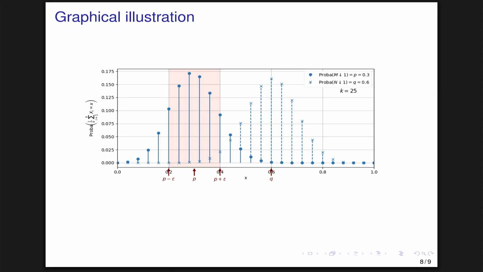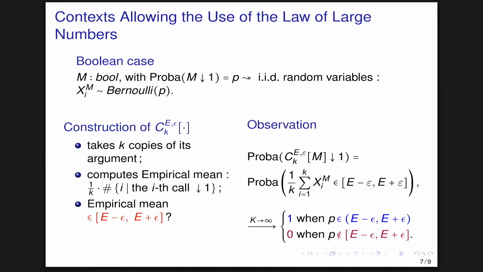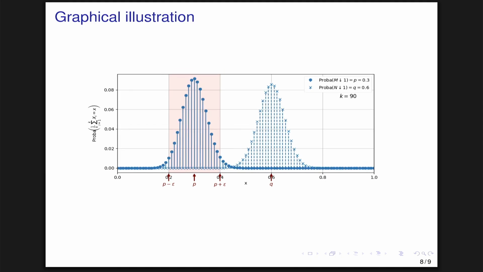And so if I choose the interval around the expected value of the first program, in such a way that the expected value of the second program is outside the interval, and I increase the number of copies, then from some order k, the probability of the empirical mean being in the interval for the first program will be equal to 1, but for the second program it will be equal to 0. And this is for the Boolean case, but you can switch easily to the general case using the if-then-else constructions.